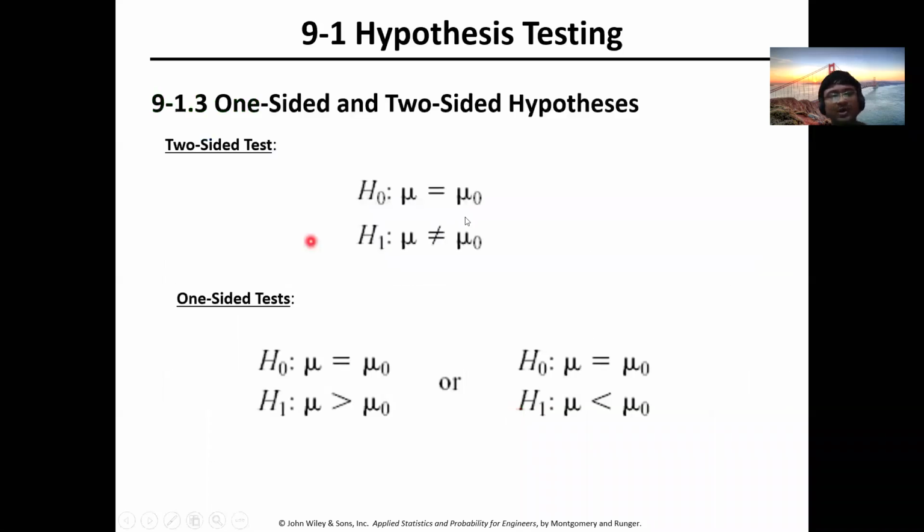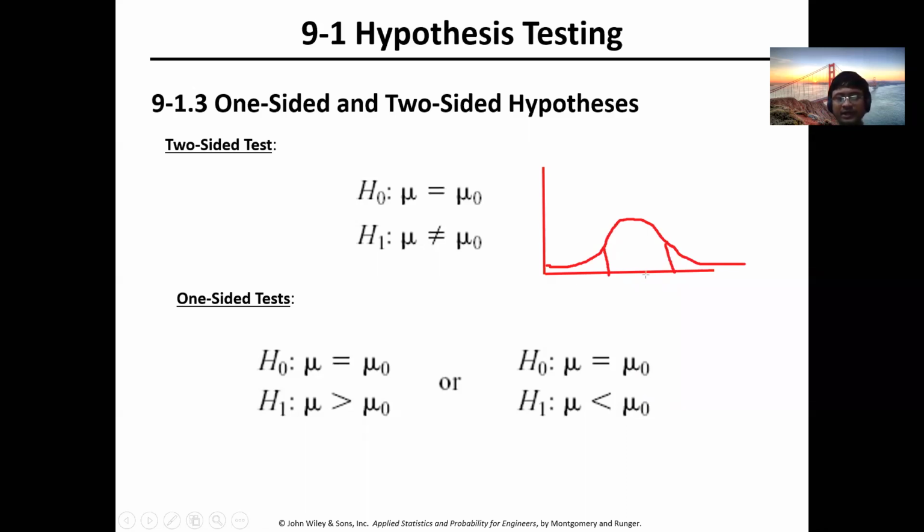So this is about one-sided and two-sided tests. So have a look at the curve. Suppose you want to draw the curve. This side and this side. I will note down the fact. What do we mean by two-sided test?